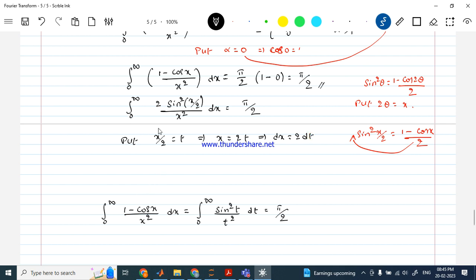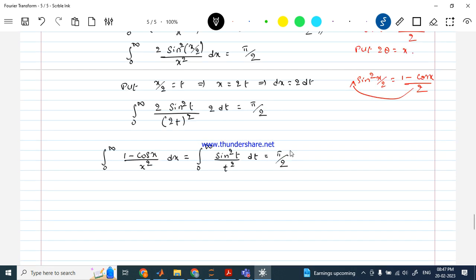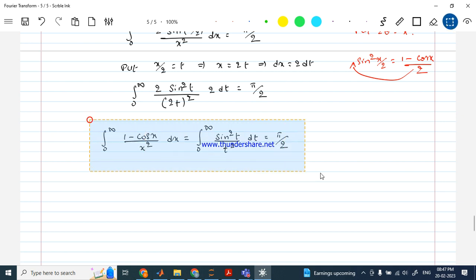And there is no change in the limit again. If x equal to 0, t is also 0. If x is infinity, t is also infinity. So this becomes the integration from 0 to infinity of 2 times sin square t divided by x square, which is 2t whole square, and dx is 2 dt, which is equal to pi by 2.